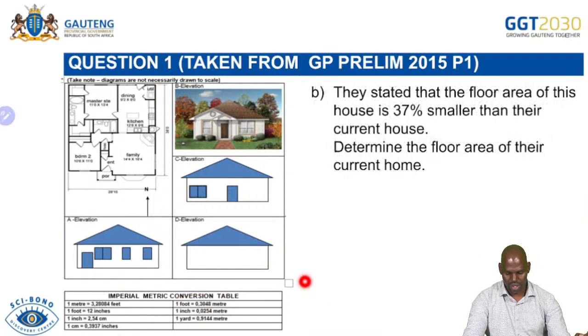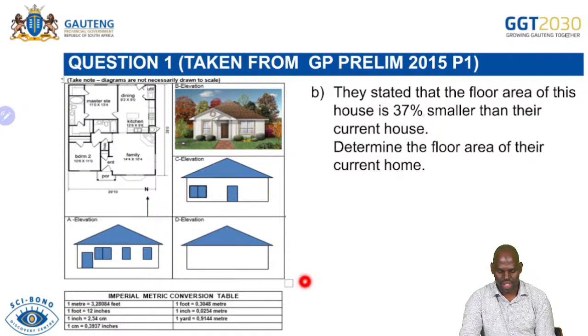Okay, then let us look at the next one. They stated that the floor area of this house is 37% smaller than their current house. Determine the floor area of their current home.